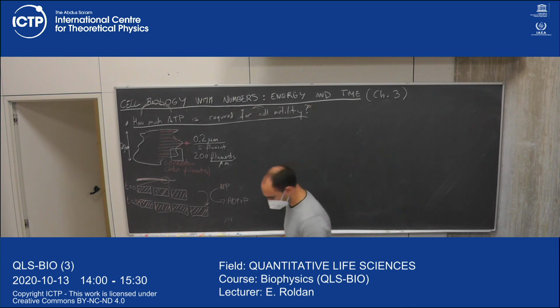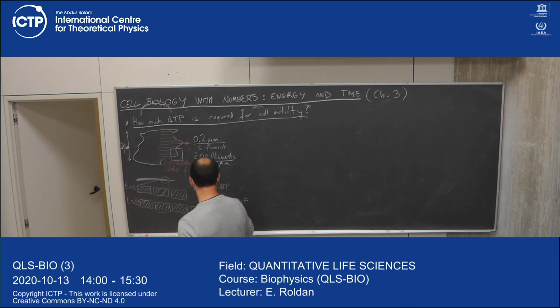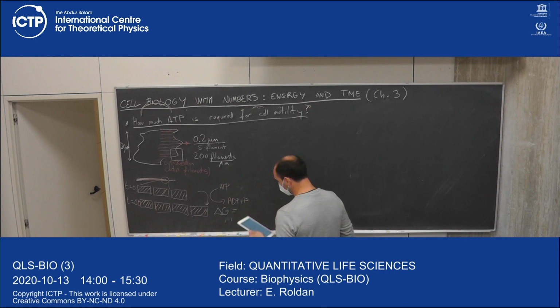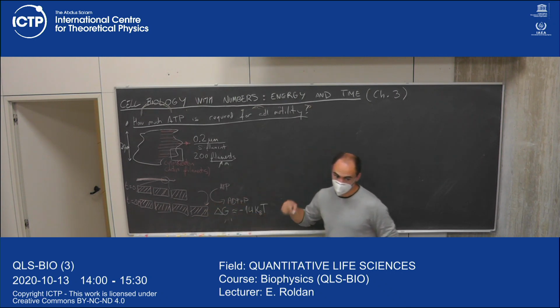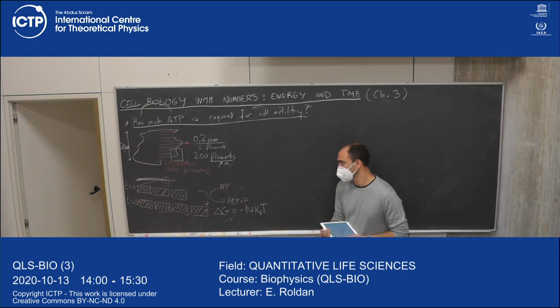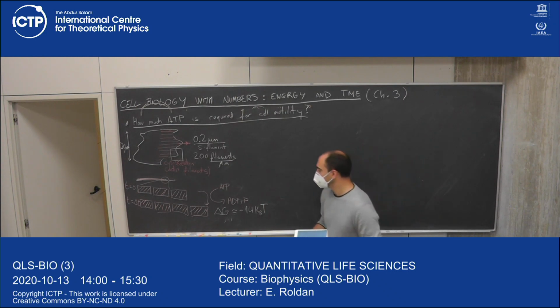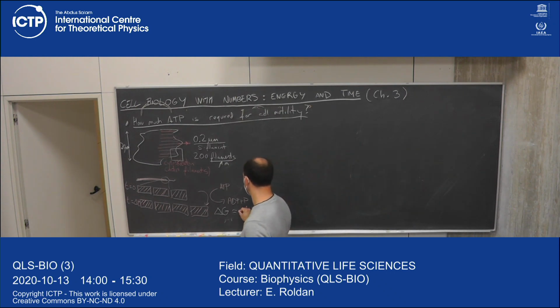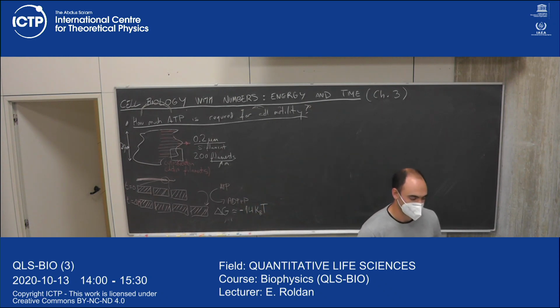Free energy, actually. So the free energy for this reaction is around minus 14 kBT per monomer. Okay, to incorporate one monomer, you use 14 kBT of energy. So now the question is, why I put here a minus? Is this by chance, or is there a reason?